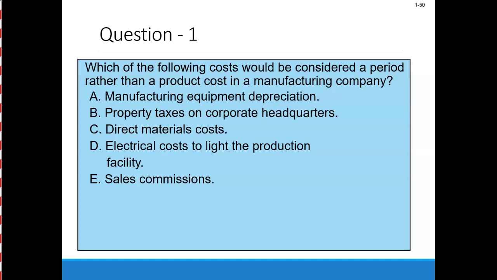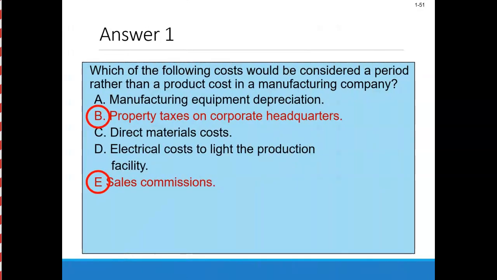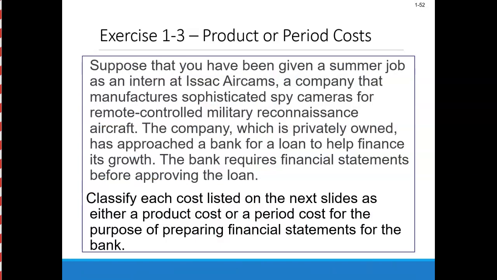Thoughts? Sales commissions is a great one. And property taxes on corporate headquarters would also be a period cost.